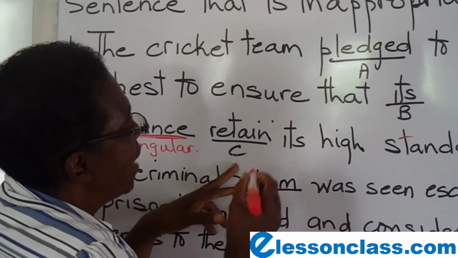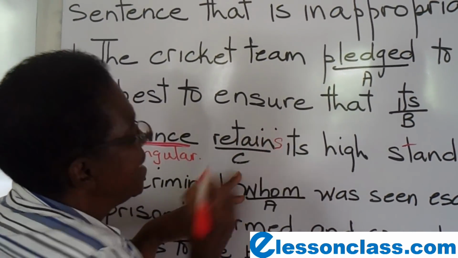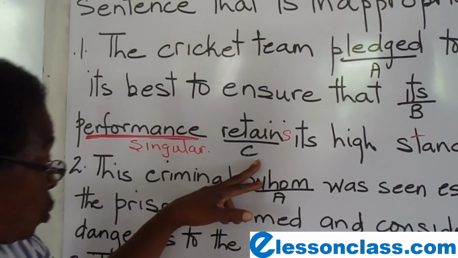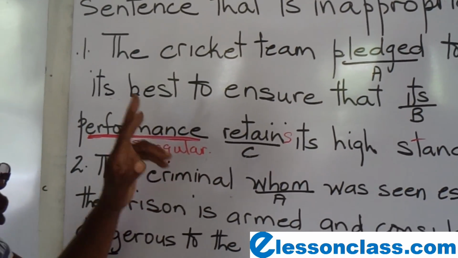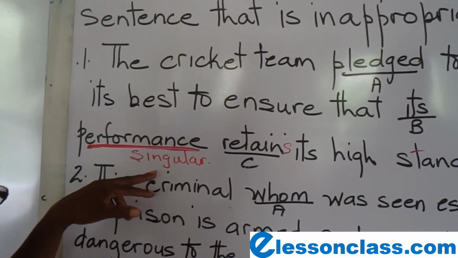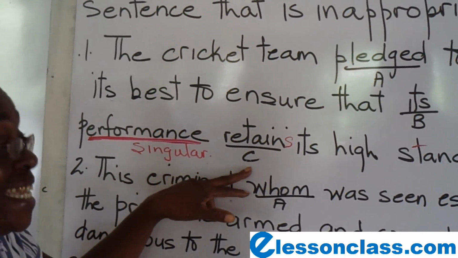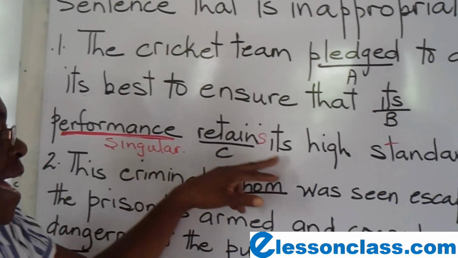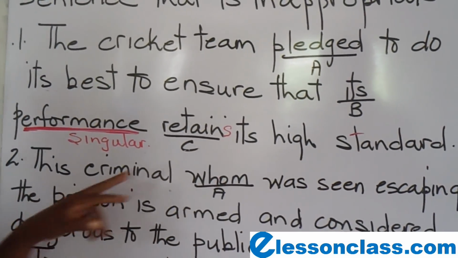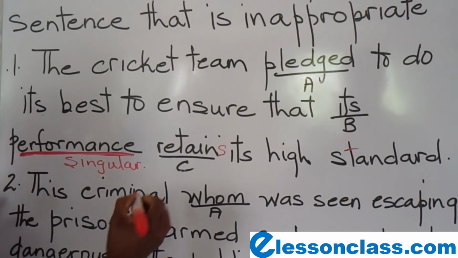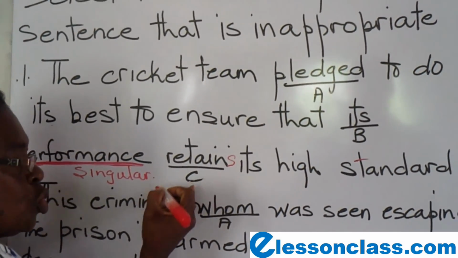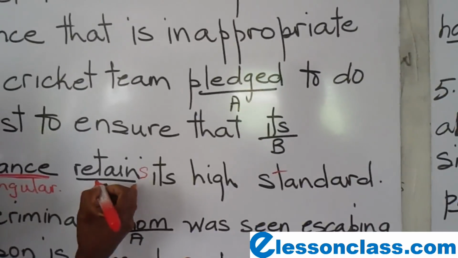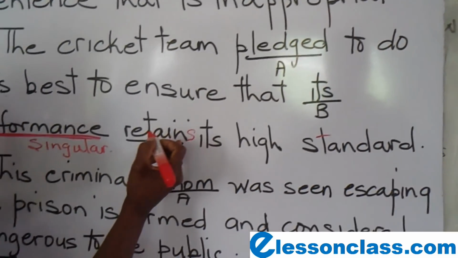So we would have to add an S. So the correct thing now would be to ensure that its performance retains its high standard. So in this case, this word should have been retains instead of retain.